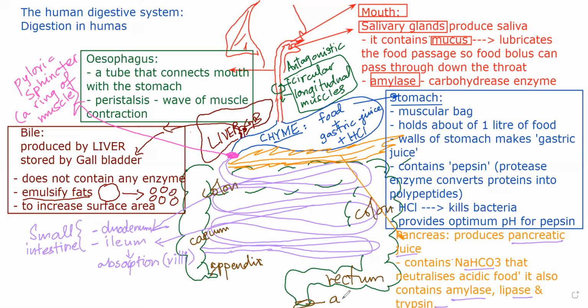This is the anus. These are all parts of the large intestine. The rectum will store feces. And at the anus, egestion will occur, meaning passing out this feces from the body.